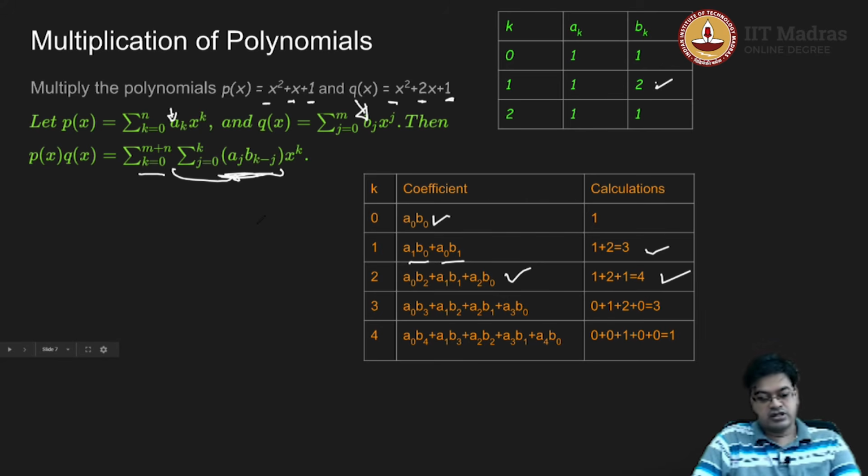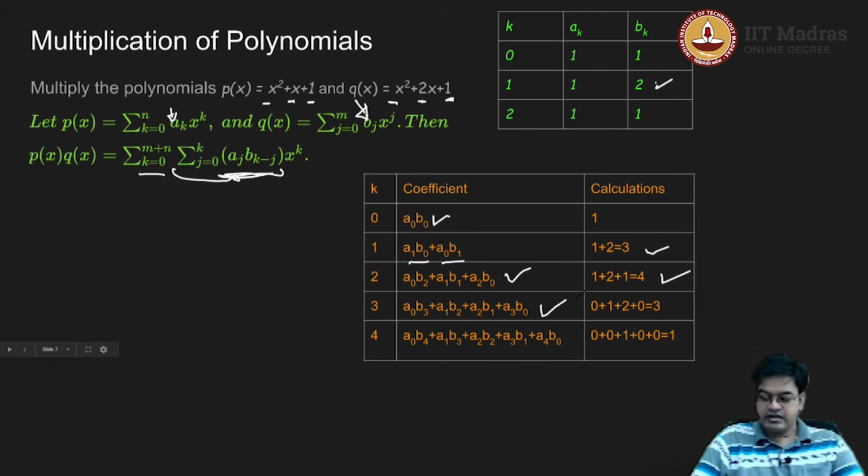Let us go for a third term, the x cube term, and just simply substitute this. So we need to find all possible combinations. So if it is a degree 3 term and we start with a naught, it will be a naught b3, a1 b2, a2 b1, a3 b naught. These are the terms.